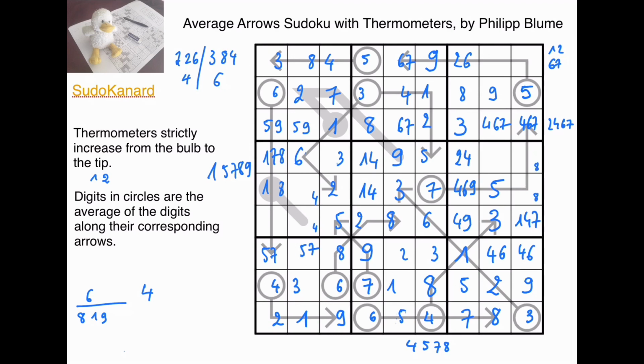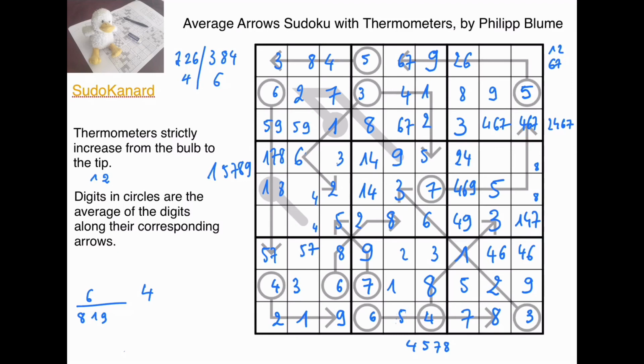And I'm thinking I could start working on this. The sum here is 35. And there's already a 5, so the sum of those 4 cells must be 30. 4 here wouldn't work.